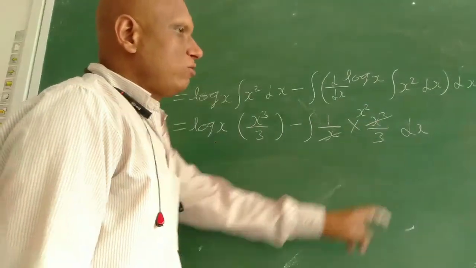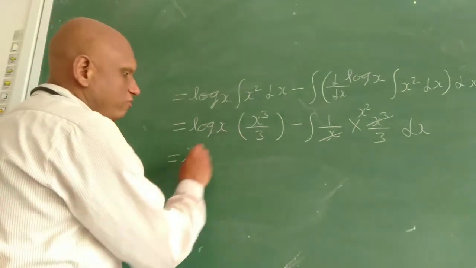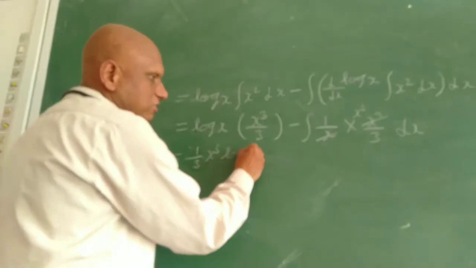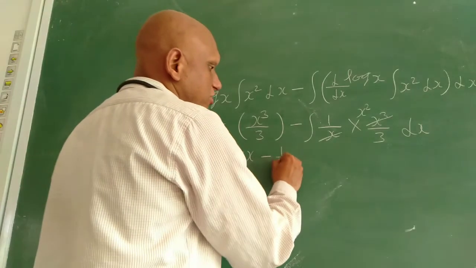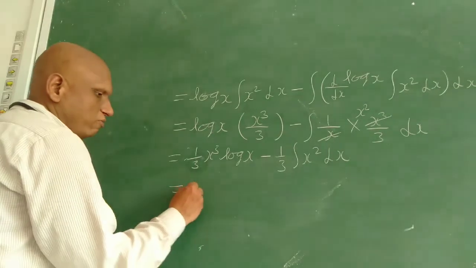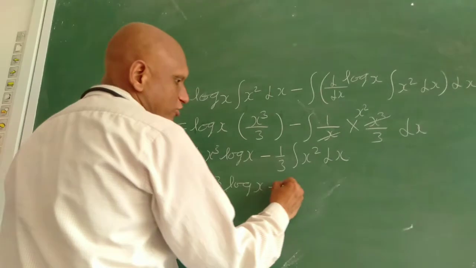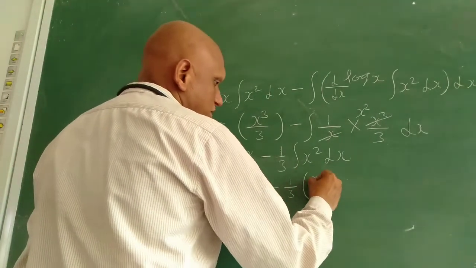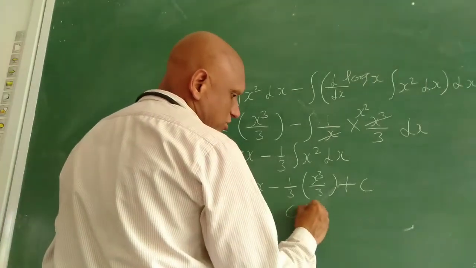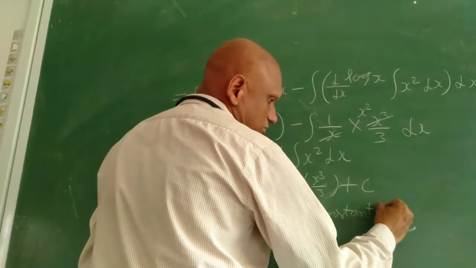1 by 3 is common out. Log x, we can write 1 by 3 x cube log x minus 1 by 3 common out, x square dx. 1 by 3 x cube log x minus 1 by 3 x cube by 3 plus c, where c is the constant of integration.